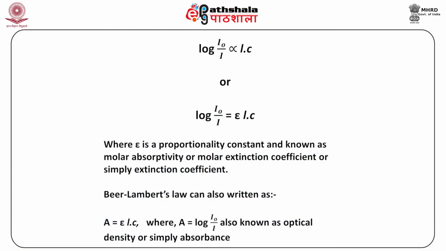This law states that the absorption of light at a particular wavelength by an absorbing substance is directly proportional to the concentration of the sample, C, and the path length in the sample, that is L. So, log I naught upon I is directly proportional to L into C, that is length into concentration.